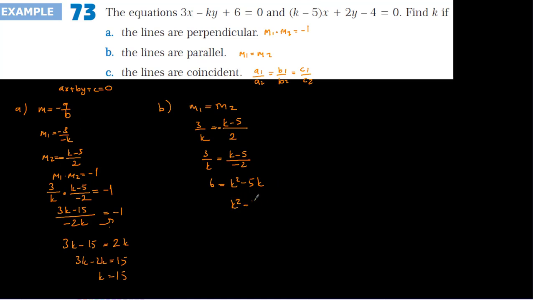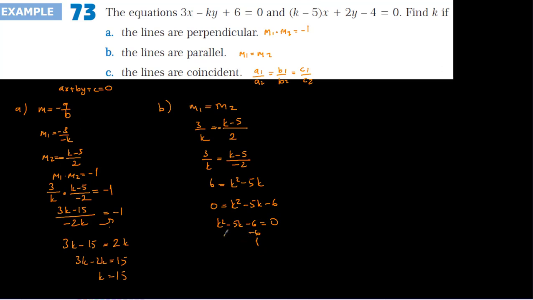Then K squared minus 5K is going to be 0 minus 6 is equal to 0. And K squared minus 5K minus 6, if it's equal to 0, K will get two different values. Here, as you see, minus 6 and 1, when you add them, it's going to give you minus 5.